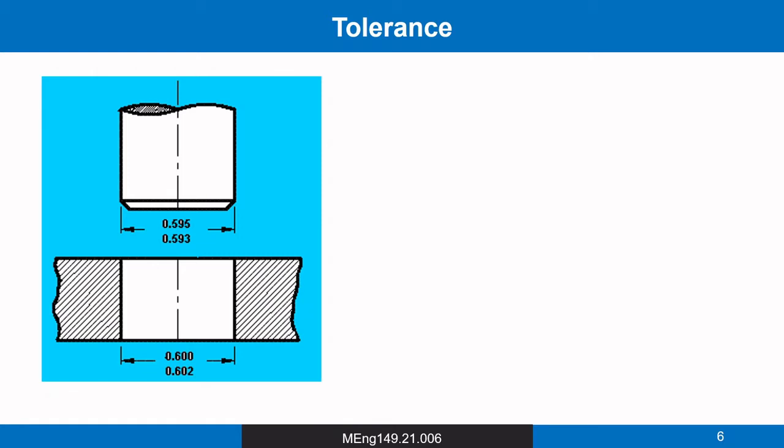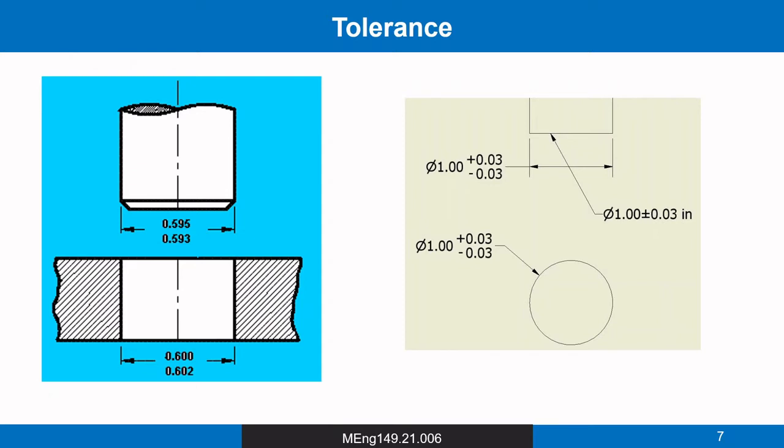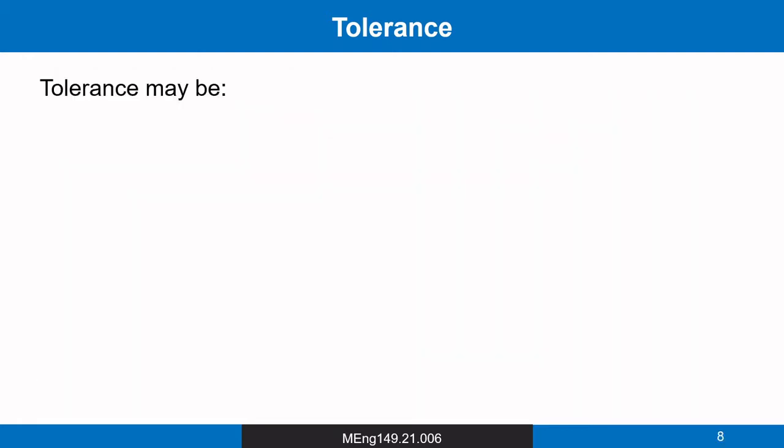So that allows a distance or clearance between the two components. And this is the notation, the way tolerance is specified or expressed. When you read this expression, it means the given tolerance. Okay, so there are two types of tolerance.